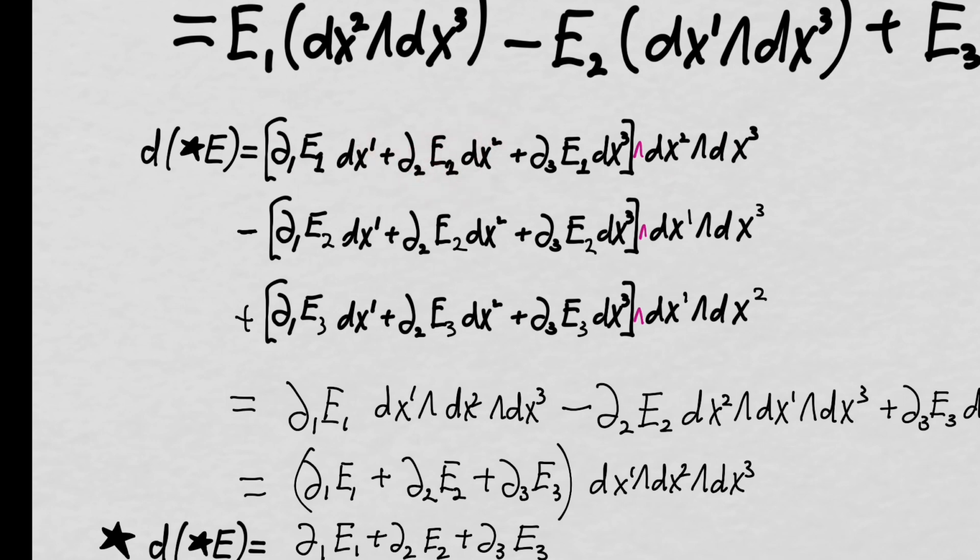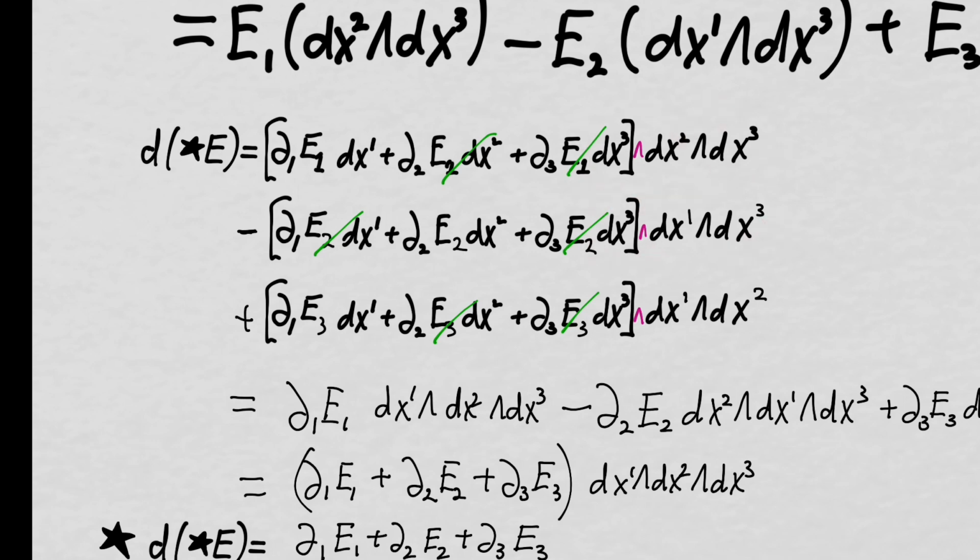This term goes away too, because now you have dx2 wedge dx2 wedge dx3, with two dx2s wedged together. So the only term that survives is partial 1 e1 dx1 wedge dx2 wedge dx3. That's the one surviving three form. So this one's gone and this one's gone. In this case, this one's gone and this one's gone. And in this last case, that one lives. But in every case, there's the resulting three form.